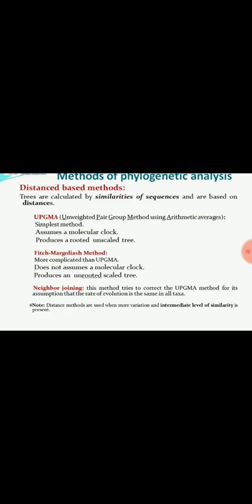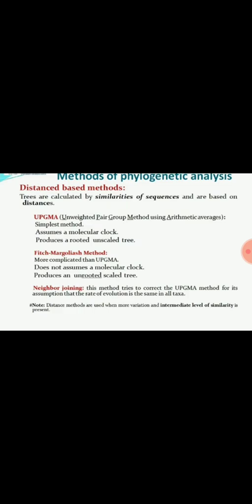In this method, the trees are calculated by similarity of sequences. Further, three types come under this method: UPGMA, the Fitch-Margoliash method, and the neighbor joining method.